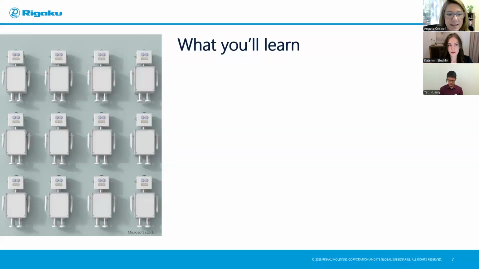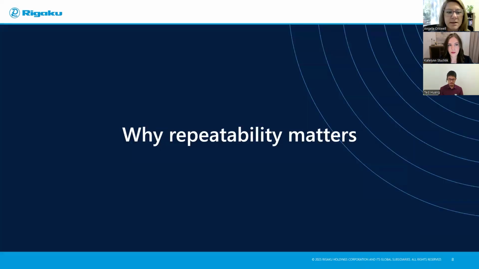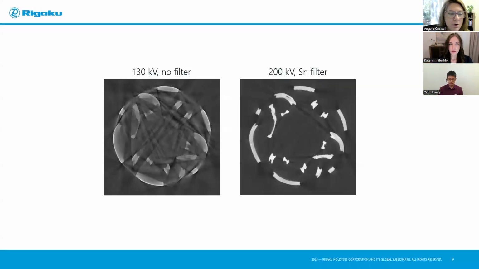Specifically today, what you'll learn is why repeatability matters when approaching these automated workflows. We'll talk about automating the CT scanning process, and we'll also talk about automating CT analysis. So first, why does repeatability really even matter? Well, if you were here for our last webinar given by Ted, he showed you an example of a 3D printed sample collected at different conditions.